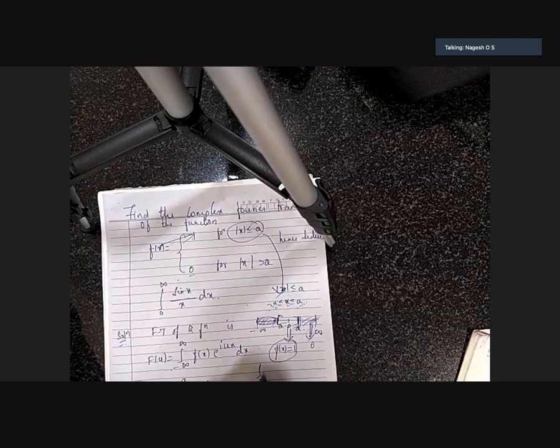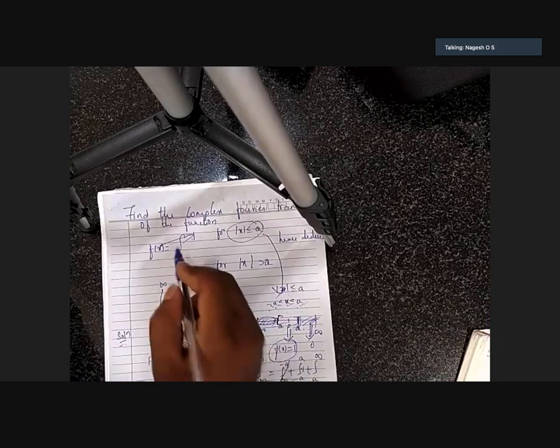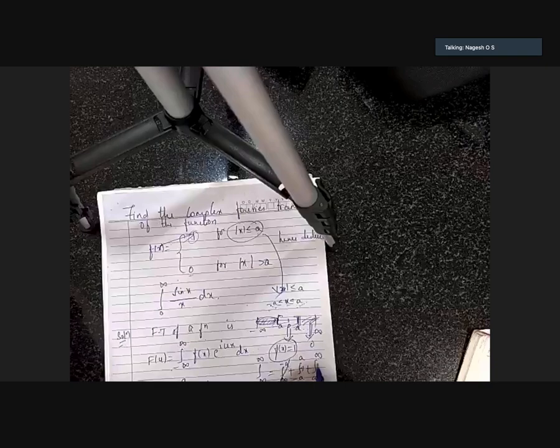Actually, we had minus infinity to infinity. We broke this into minus infinity to minus a, plus minus a to a, plus a to infinity. Here it is not defined, and here it is 1, because it is given. Here it is 1 and here it is 0.